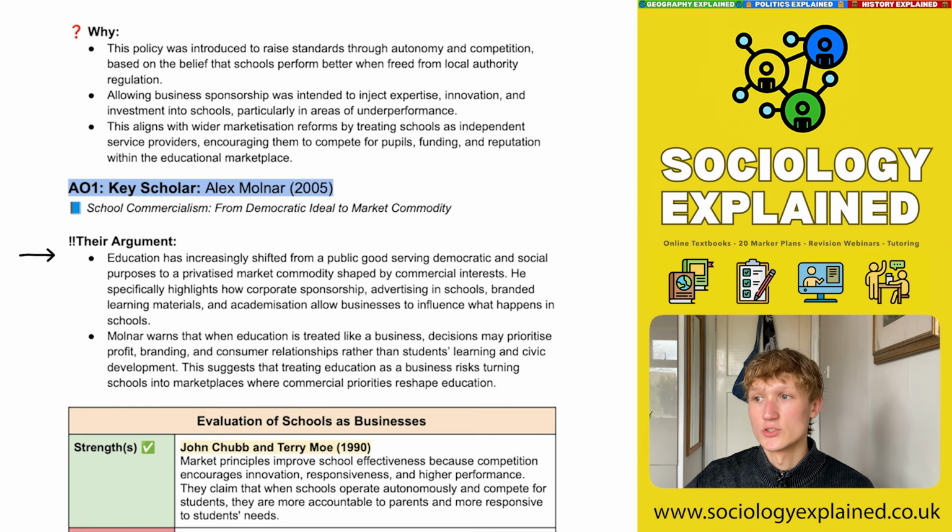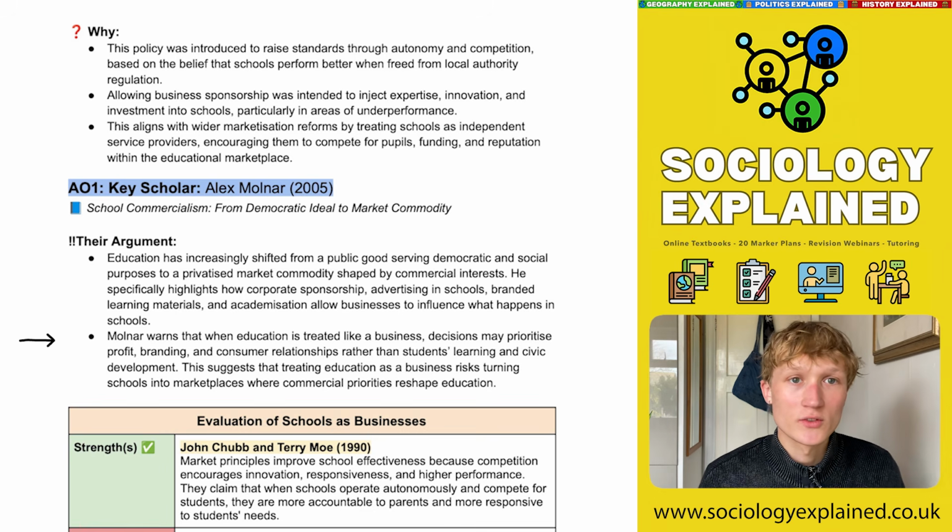A key scholar in relation to all of this is Alex Molnar, 2005, who wrote about how education in this time was increasingly shifting from a public, good-serving, democratic institution to something that was a marketized, private commodity shaped by commercial interests. So he would look at something like corporate sponsorship of a school and advertising in schools as a way of letting businesses control what schools are doing, rather than a democratically elected government deciding what schools should be doing.